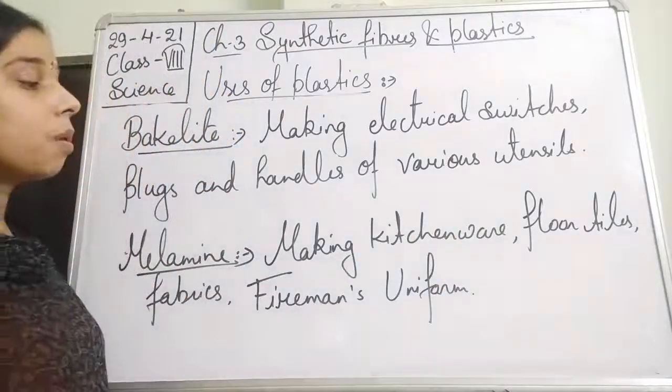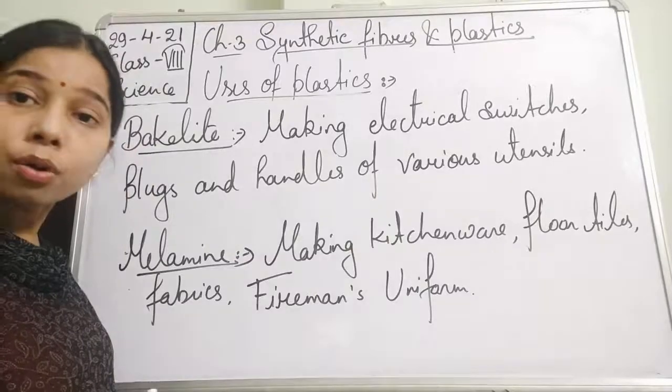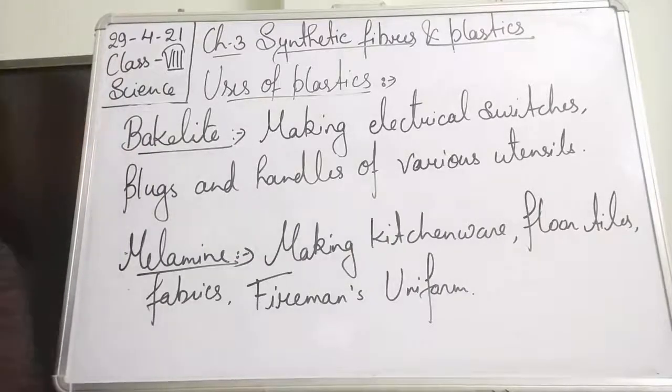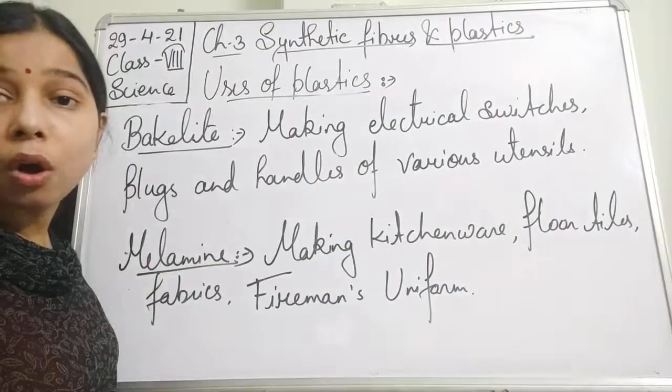So these are the examples of melamine, how we can use melamine. Then, students, there is another kind of plastic which we call Teflon.